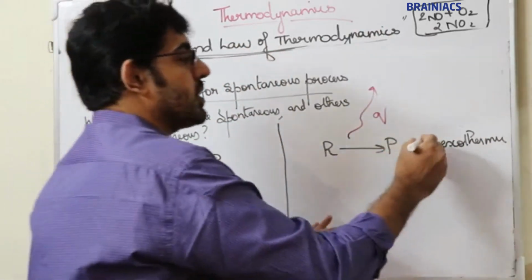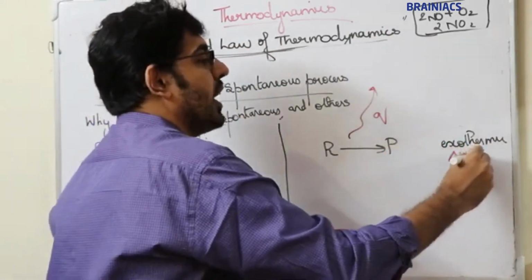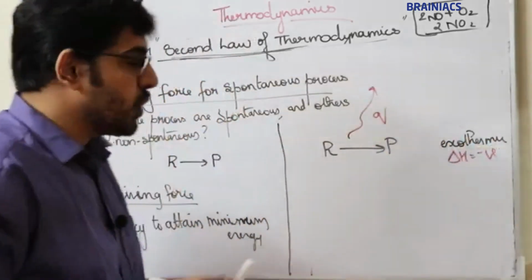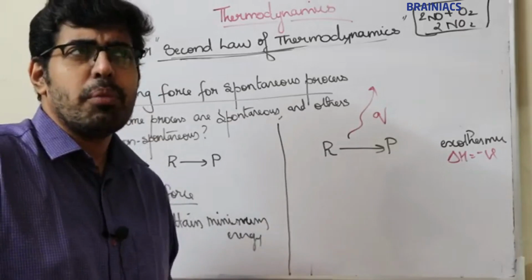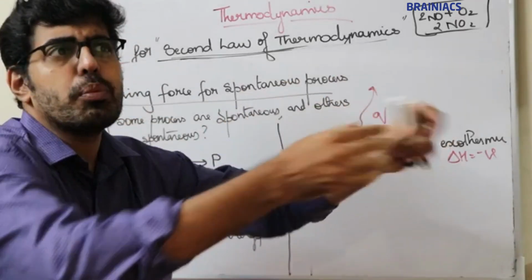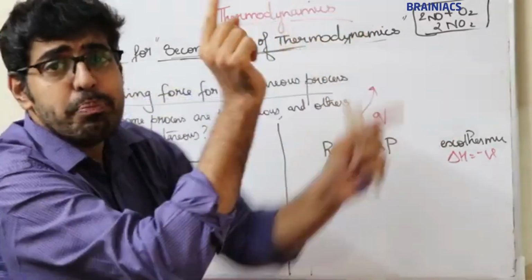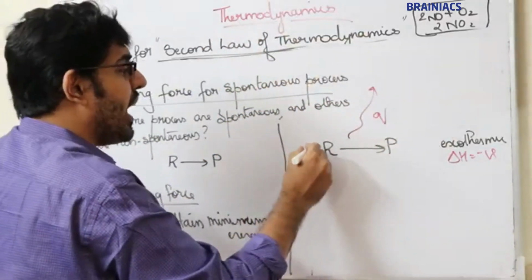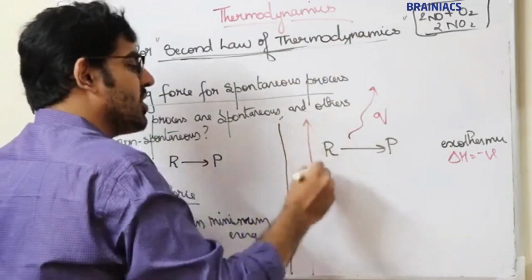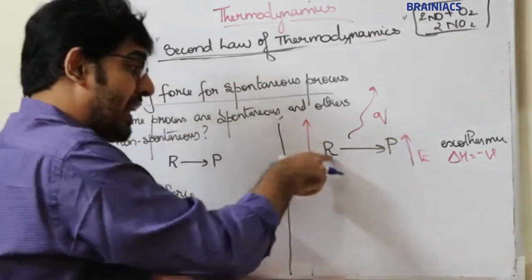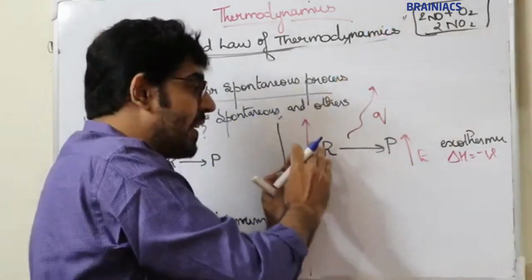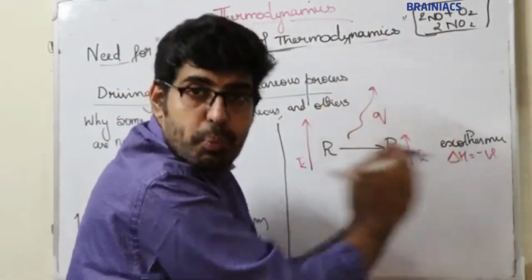For an exothermic process, delta H is negative. Right? You know that. In an exothermic process, when a reactant converts to product, heat energy is liberated. That means the energy of reactant is greater than the energy of product. Why? Because the reactant liberates heat energy and converts to product.